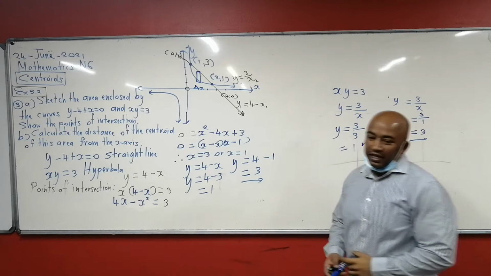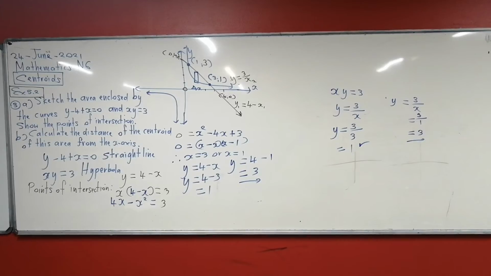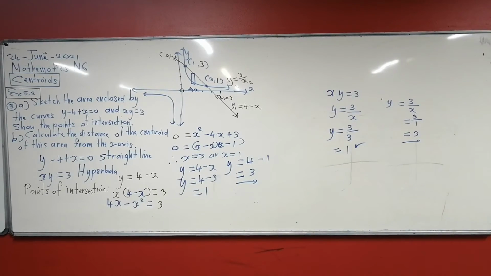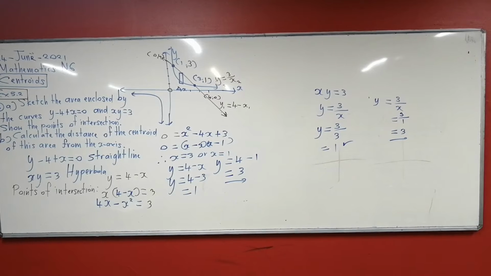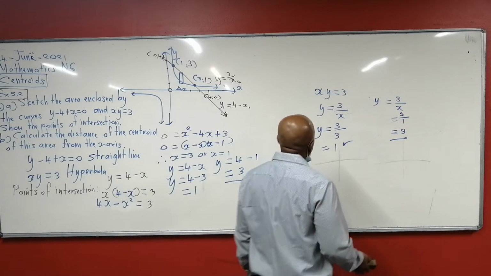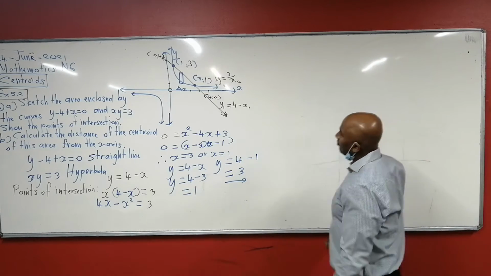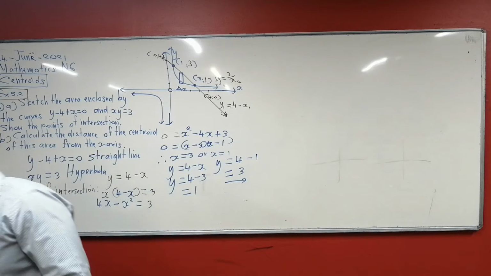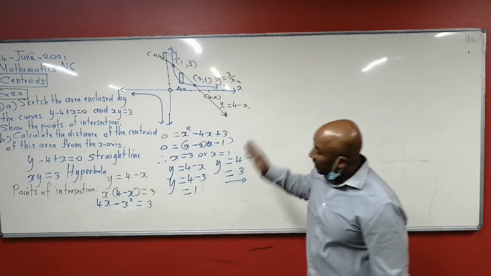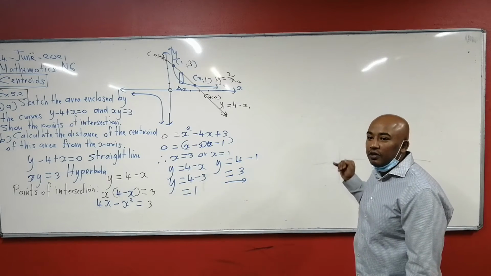Alright, so let's choose that type of representative rectangle. Now the labeling of the diagram is the most important. The diagram must be 100%, otherwise everything goes wrong after that.